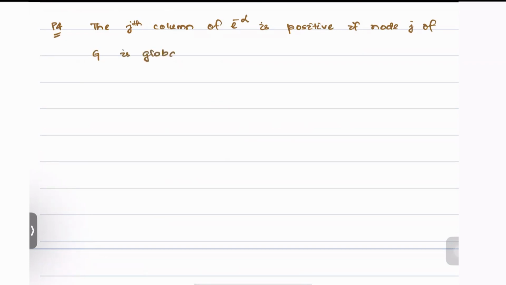The fourth property actually says that the jth column of e raised to the power minus L is positive if node j of the given digraph G is globally reachable.